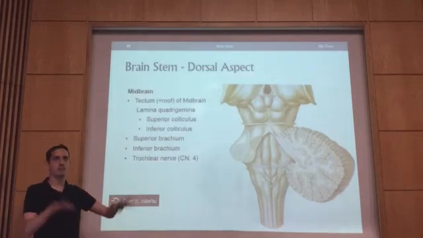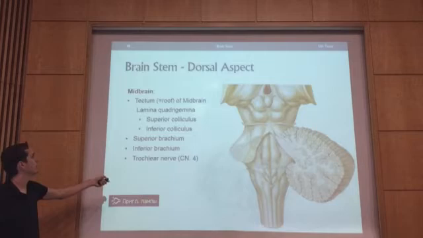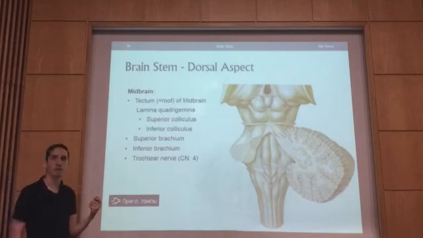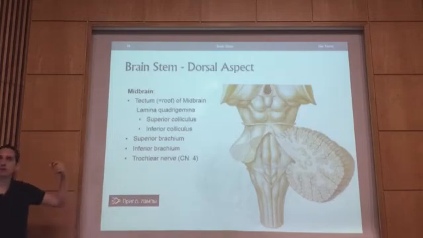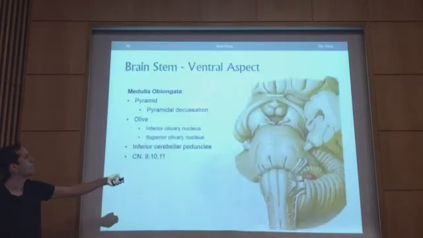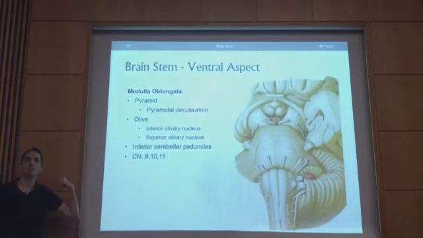So let's go back to the brainstem. This is the tectum, and we mentioned the fourth cranial nerve when we talked about the ventral aspect. We can see the third one. Remember, let's go back. This was the third. We can see it from the dorsal aspect.